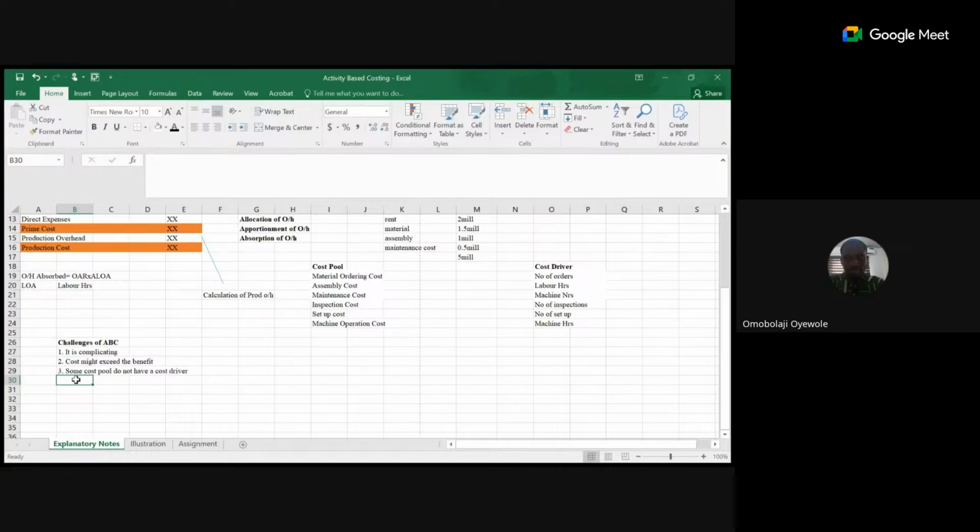So at the point where businesses are getting more complex in the activities to carry out, we will need a technique, a system that will allow us to align with the complexity of businesses. So that's another essence of the activity-based costing technique. You understand? Then what are the advantages?